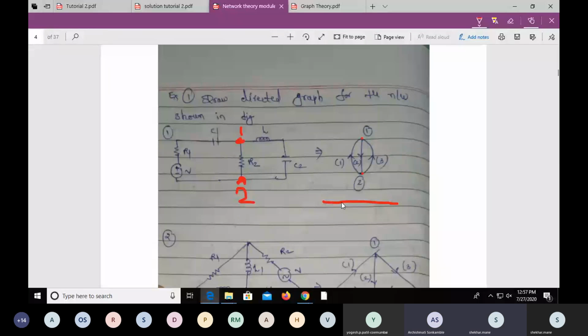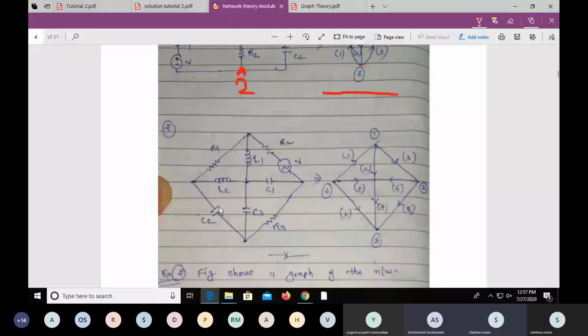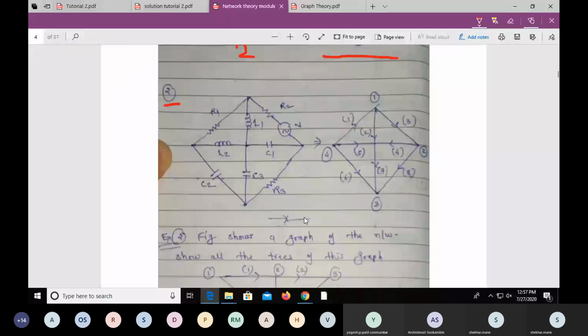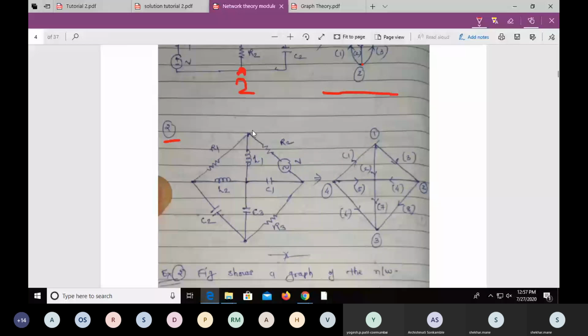Yes, sir. Okay. Now similarly, you can see question number 2. Here this is node number 1, node number 2, node number 3, this is node number 4, and this is node number 5.